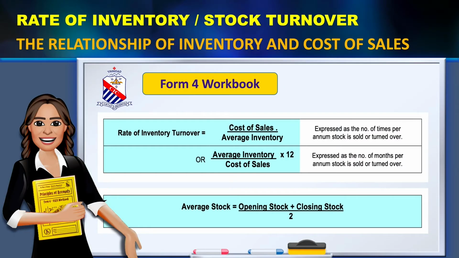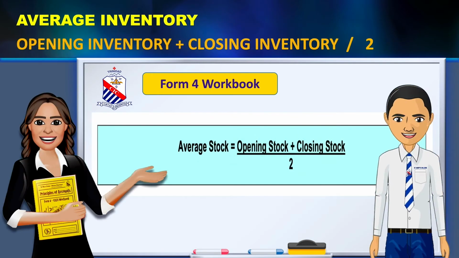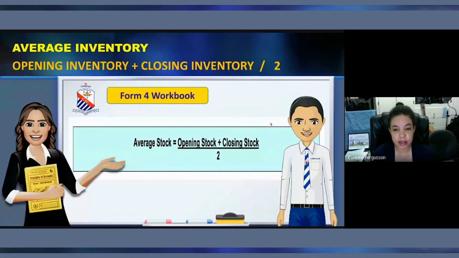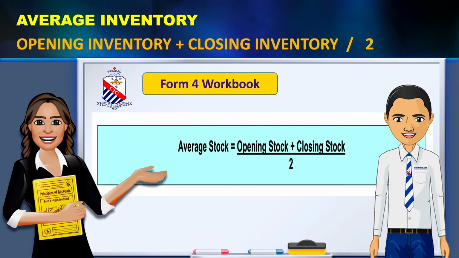So in order to work out our rate of stock turnover, the first thing you're going to have to work out is your average stock or your average inventory. Very simply, your average stock is your opening stock or opening inventory plus your closing inventory divided by 2. I don't know if you remember, with averages, you divide by 2 because it's 2 items. And what are the 2 items? Opening inventory, closing inventory.